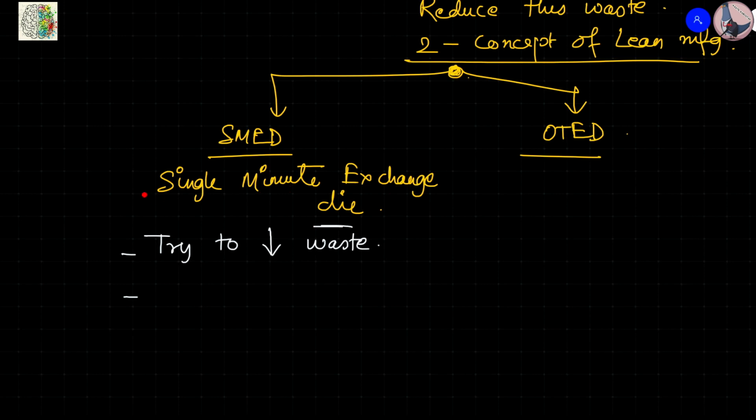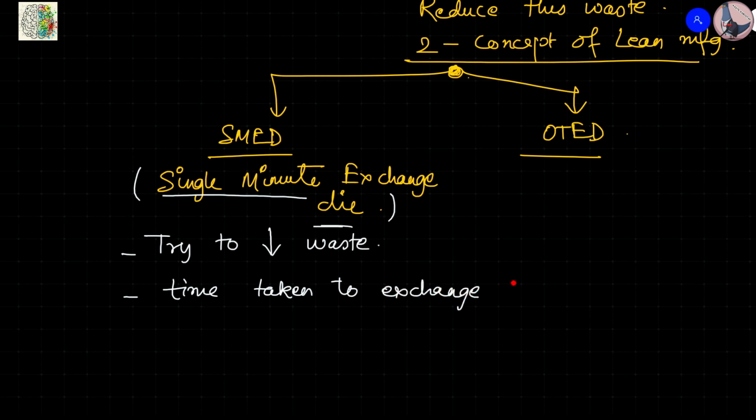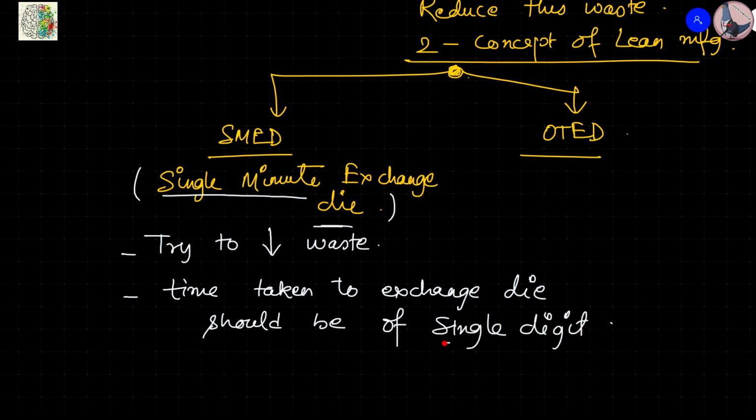Please do not get confused. This name stands for single minute, but the time taken to exchange the die should be of single digit, meaning less than or equal to 9 minutes.